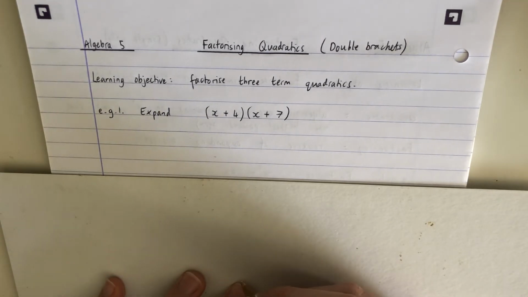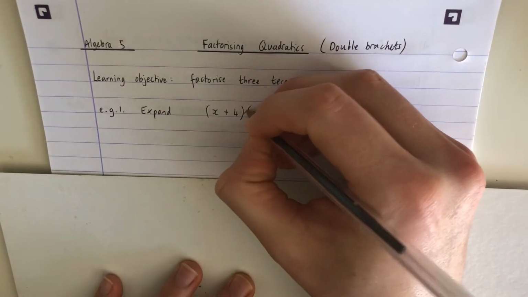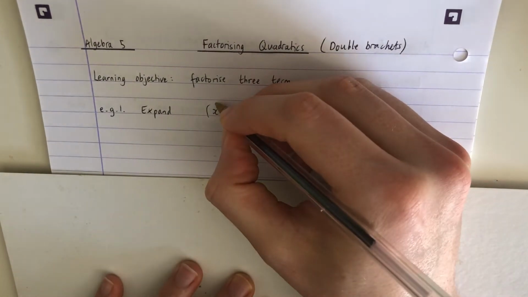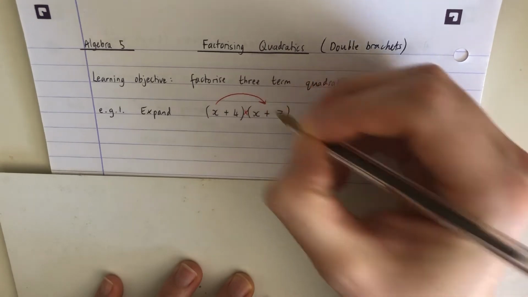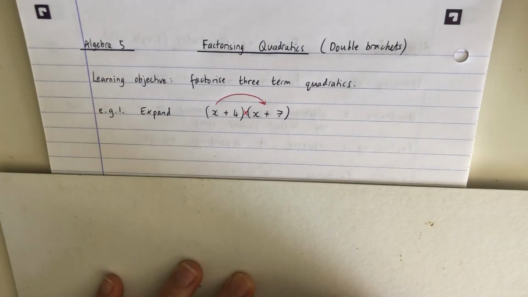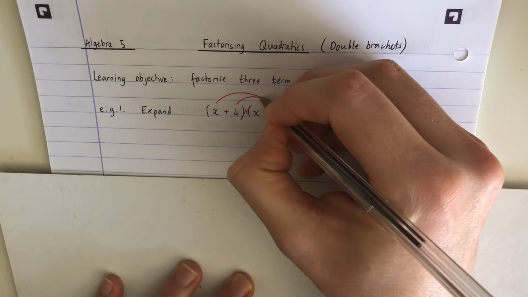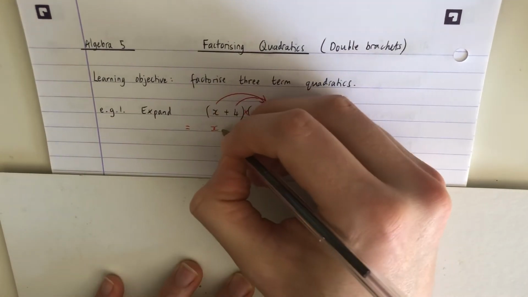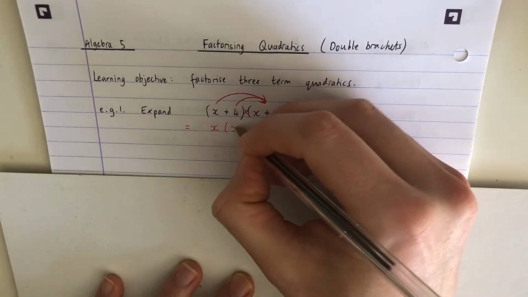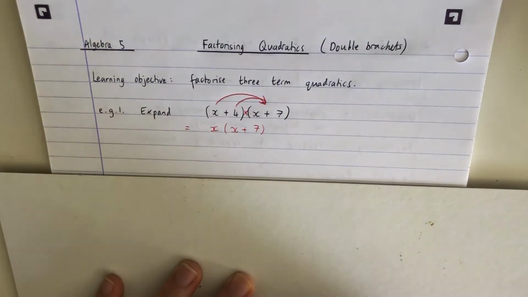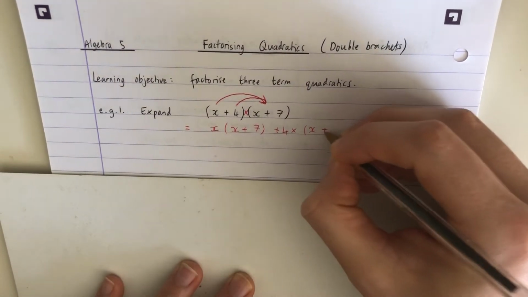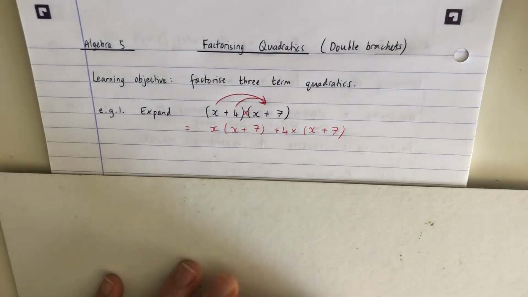And if you did it the way that I asked you to do it, then you'd remind yourself there's a multiplication between the brackets, and you would times the first number by the second bracket and the second number by the second bracket, and have the following: x times (x + 7) and a plus 4 times (x + 7). And that would be your first line of workings.